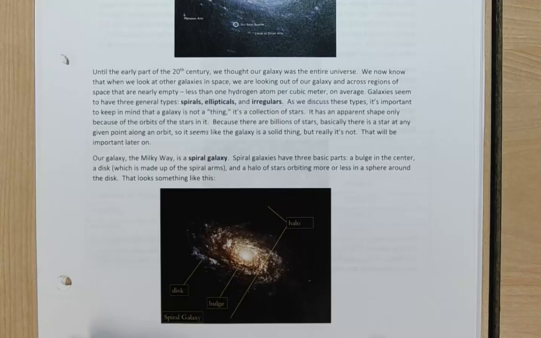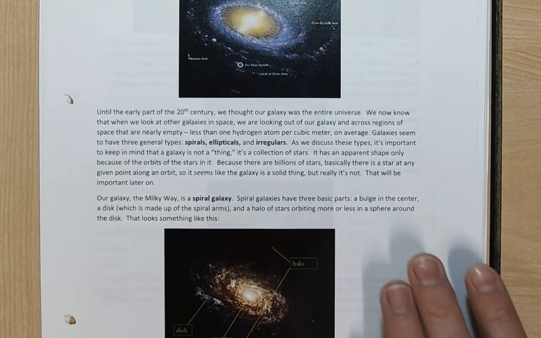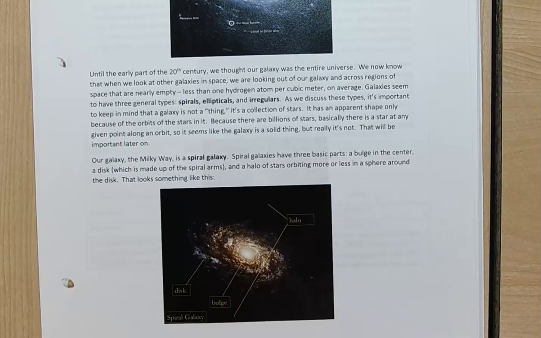If memory serves, this is the Triangulum galaxy, which is the other major galaxy in the local group. The Milky Way, Andromeda, and Triangulum are the three major galaxies in our local group of galaxies.